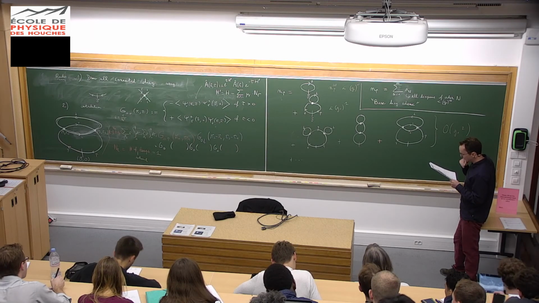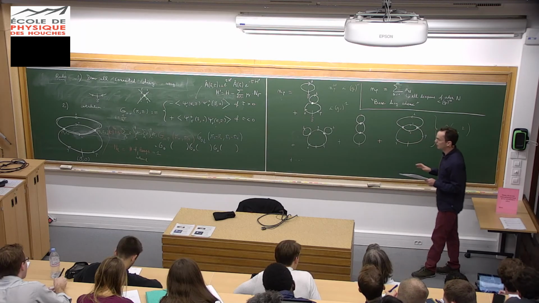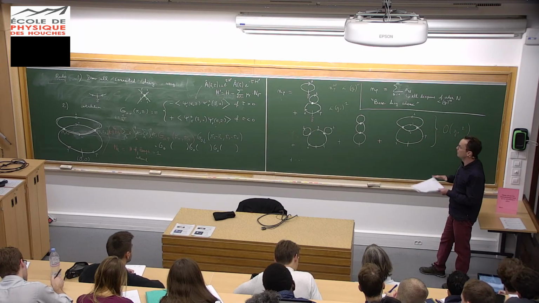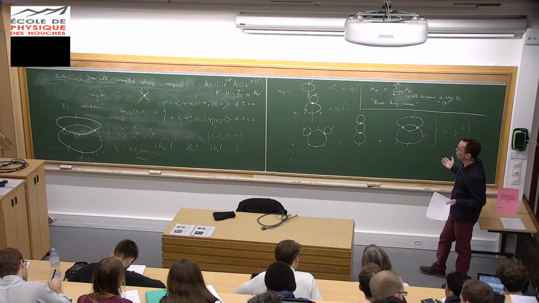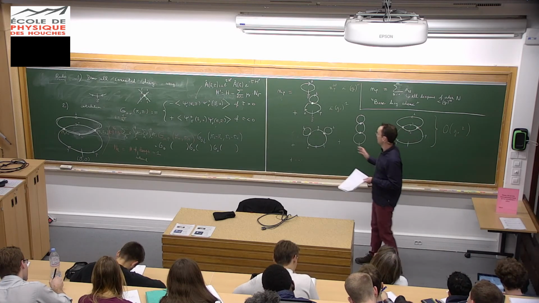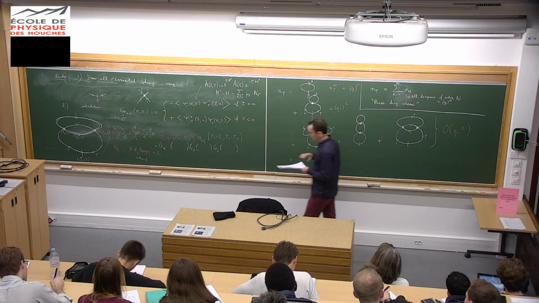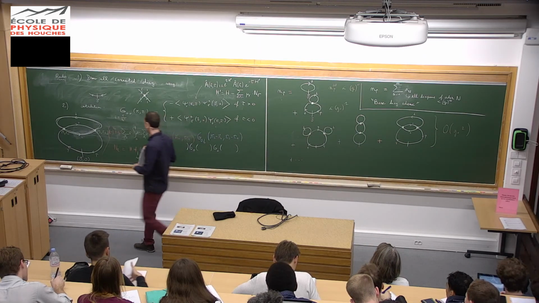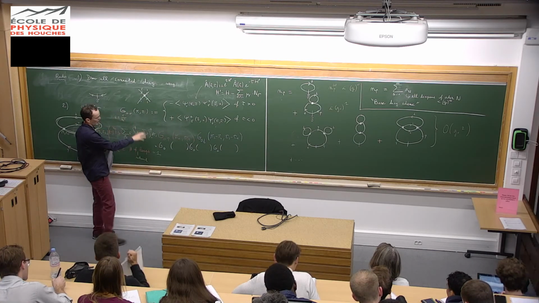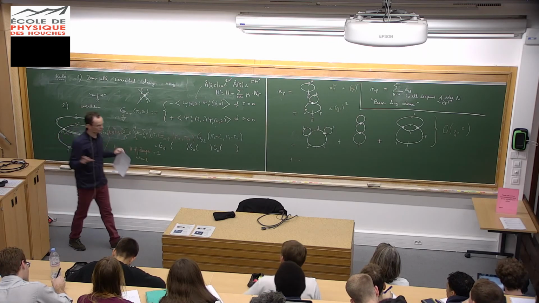Note that, as I already mentioned, this actually works in the infinite volume. You can immediately work with the infinite volume in the thermodynamic limit. The reason for that is that all the diagrams are connected. If you had disconnected diagrams, then in the infinite volume limit, the sum over all the positions would diverge.